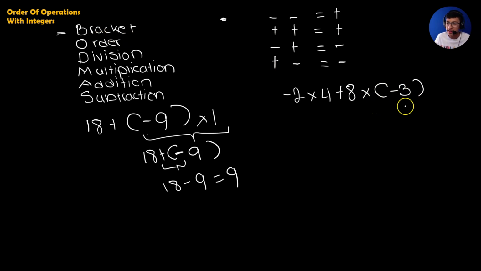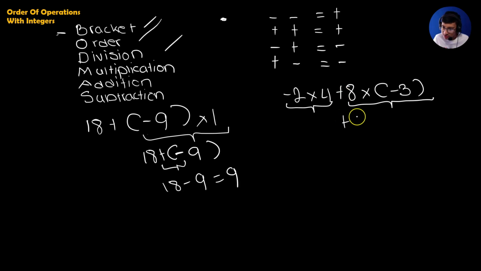This is just a bracket to separate, since there are two symbols next to each other, so it's not that kind of bracket and we cross it out. Order, there's no order here. Division, nope. And we see multiplication. We have two multiplications here: -2 times 4, and 8 times -3. We do both.